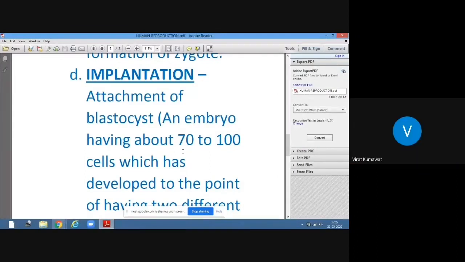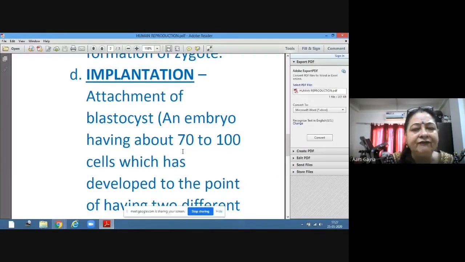So either the left ovary or the right ovary will release one ovum in one cycle, and that cycle is of 28 days. In that cycle, the ovum comes to the fallopian tube, and it will wait there for the sperm for fertilization. That is around 48 hours.